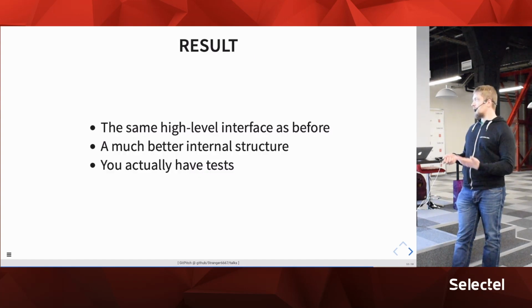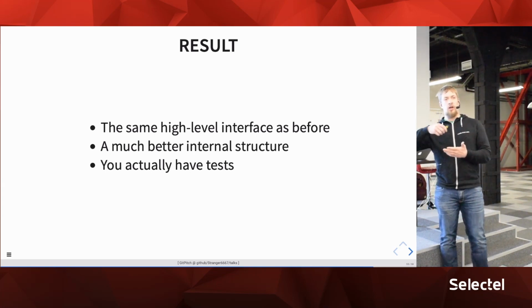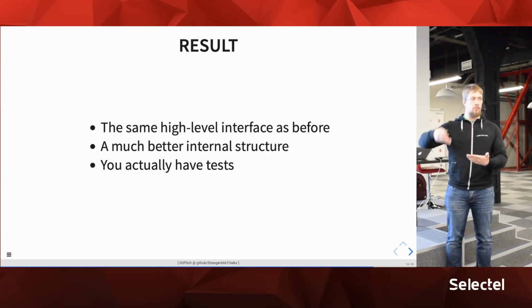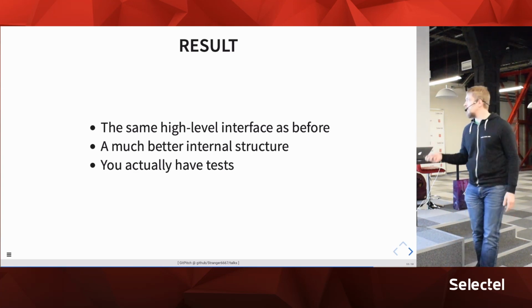So we have the same high-level interface as before. We have a much better internal structure, and we actually have some tests. So it's an intermediate state when you have already some confidence in your code and you could go further with the refactoring. You have some confidence to be the starting point at least.